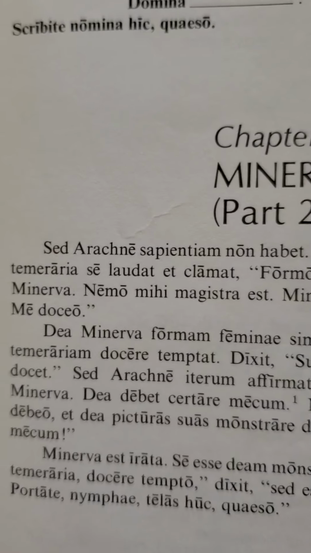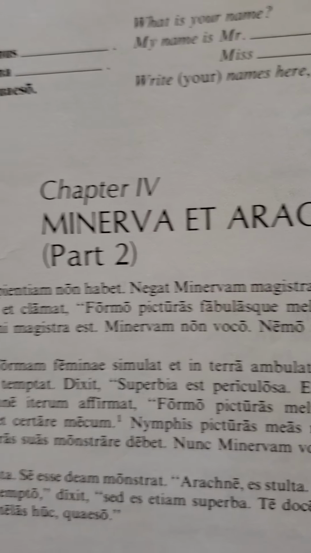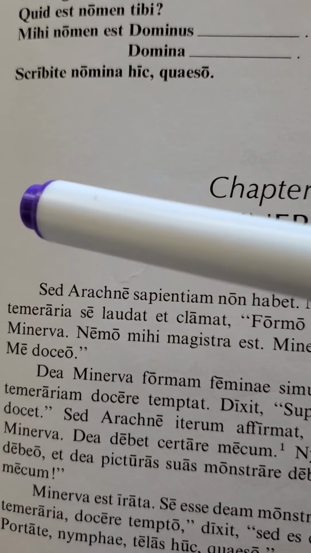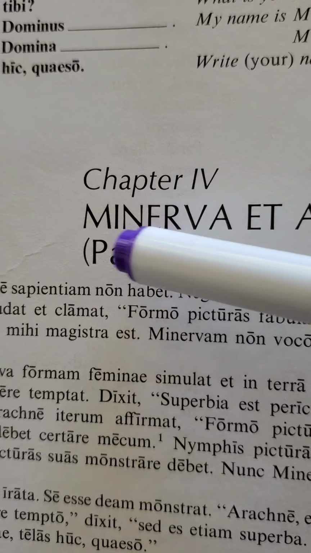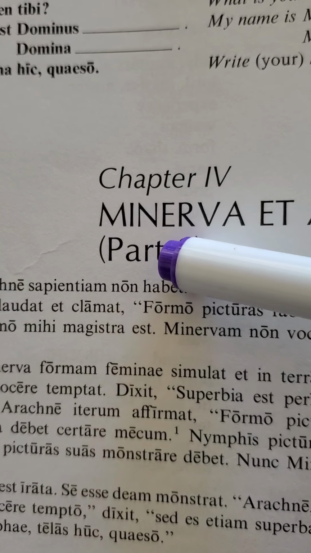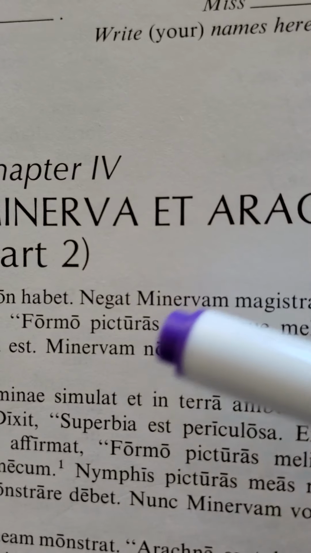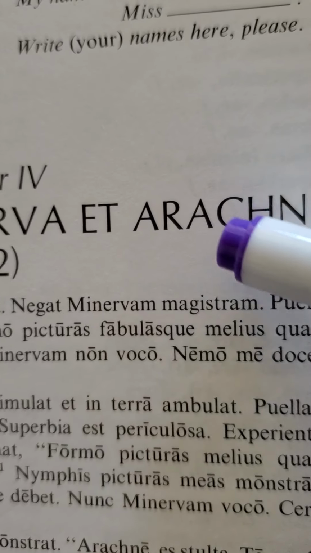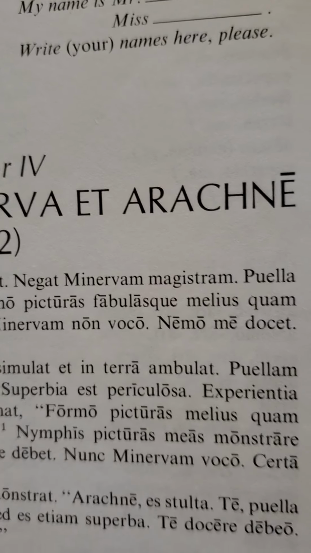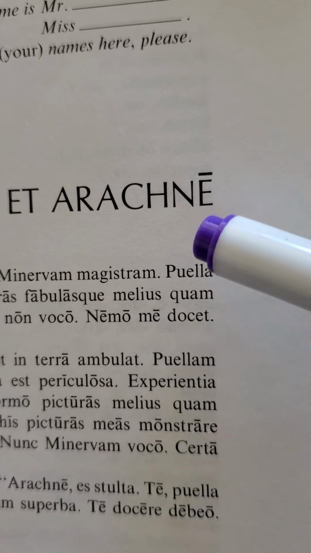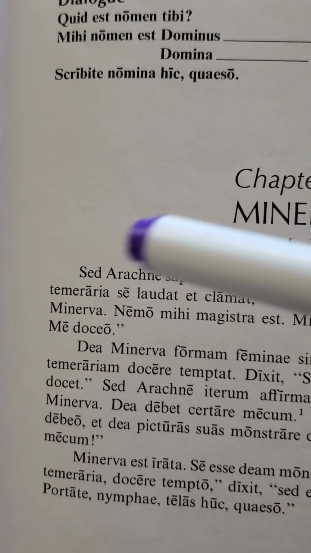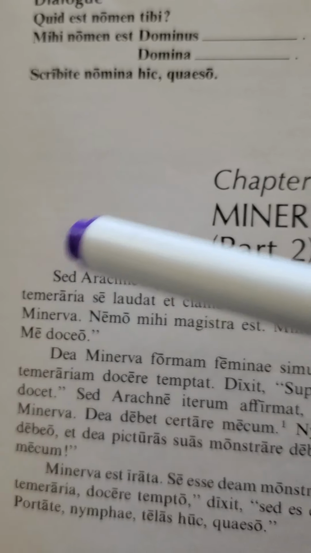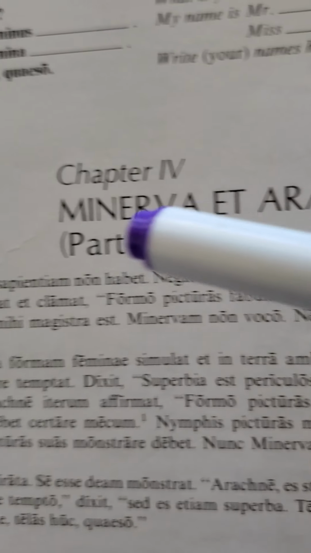But Arachne has not wisdom. Okay, Arachne is going to be the rash maiden. She's going to have hubris. So, but Arachne has not wisdom. Negat, she denies Minerva as teacher. Bad news, Arachne. The maiden, rash. Okay, rash, maiden, an adjective.